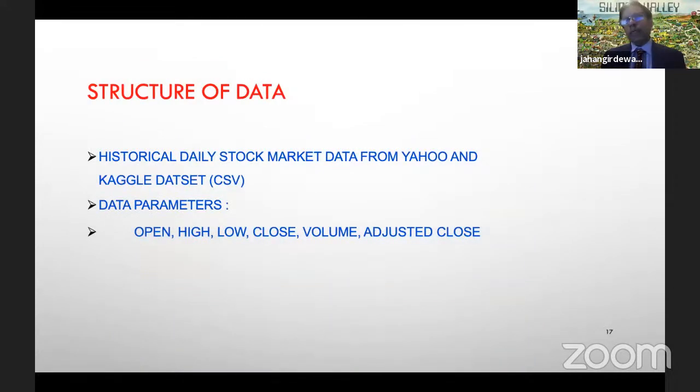The data parameters we used mainly were open, close, high, 52 weeks high, low, and also volume of stocks and adjusted closing price.